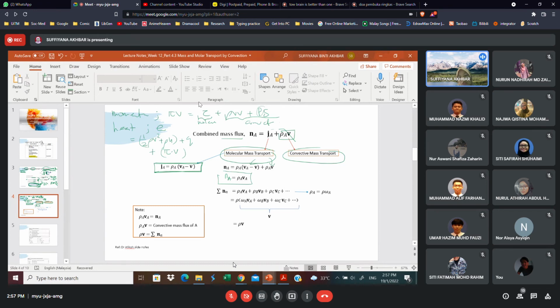Okay. So kalau kita guna another species atau another compound, so component A, for example, alpha here. For example, you ada sistem ABC. So rho A VA plus rho V beginilah. Okay. So finally this term you boleh is equal to V, total V, average. It's average velocity of the mixture, right? So times ni. So you akan dapati combined mass flux is equal to rho times with the V.